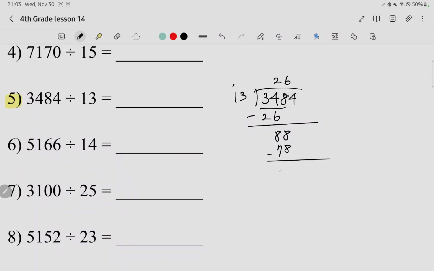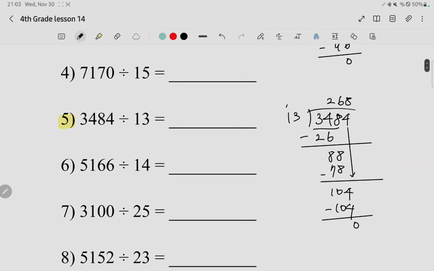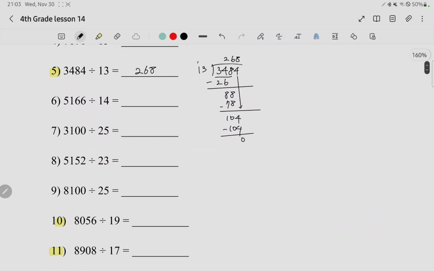Again, you subtract, so this will become 10, and this 4 all the way down brings down. So 13 can go into 104 about 8 times, so 104. So number 5 is going to be 268.